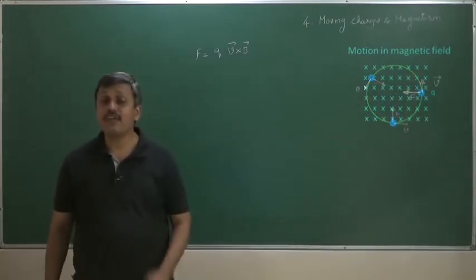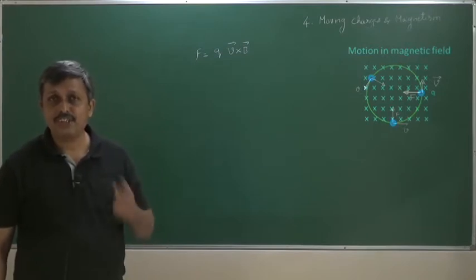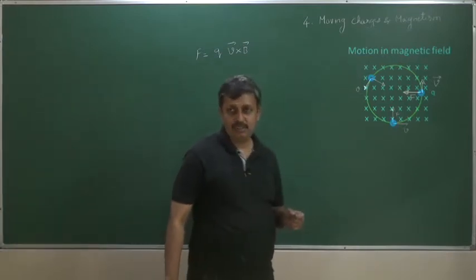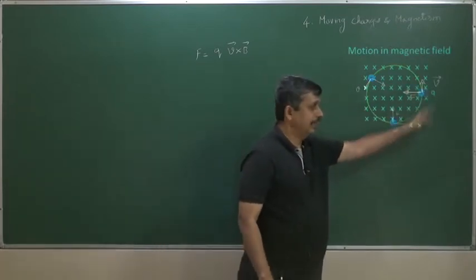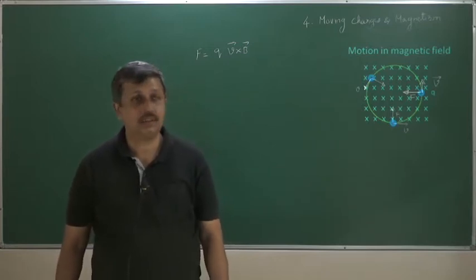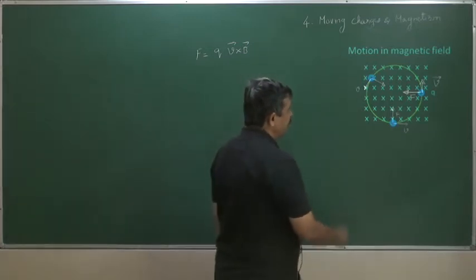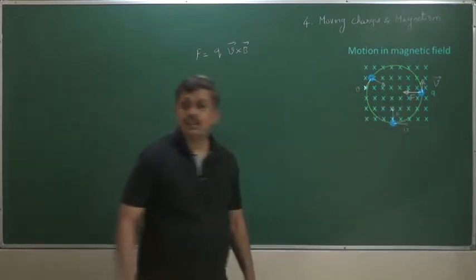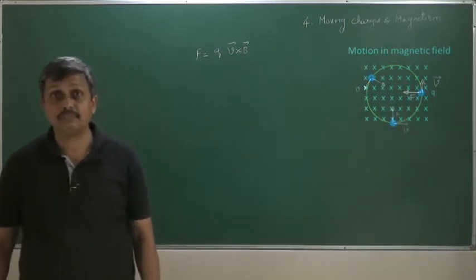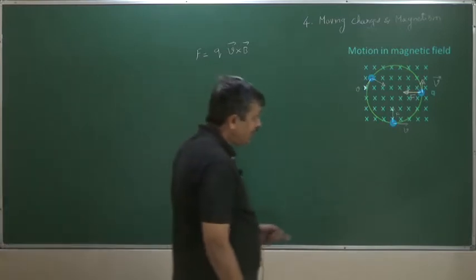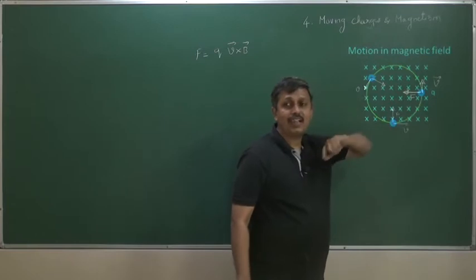If you just leave a charged particle with a certain velocity perpendicular to the field and leave it like that, the charged particle will continuously go around and round for a long time. Why does it go around? Because the magnitude of the velocity does not change at all.